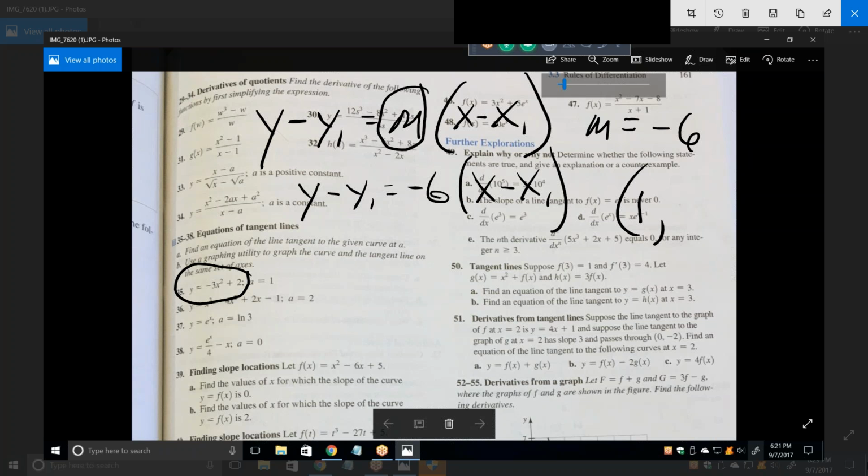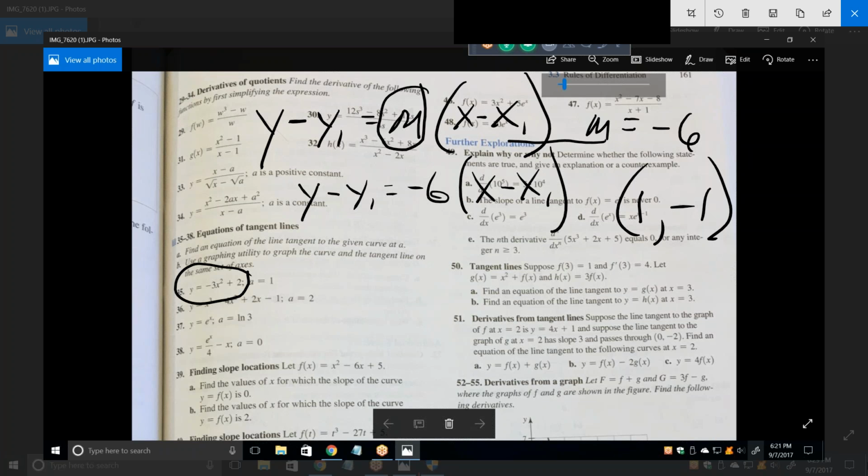Oh, we want the point on the original function. Remember, derivative, you're always thinking of the original function. And this point that we're evaluating it at is on the original function. When x is equal to 1, what is y equal to? Negative 1. Okay, so there's our point.